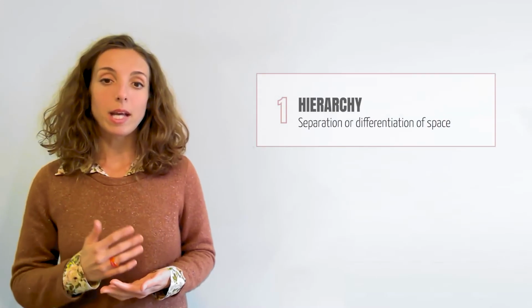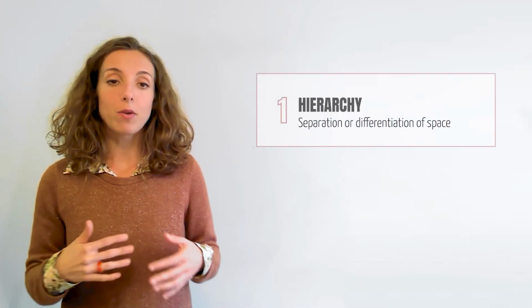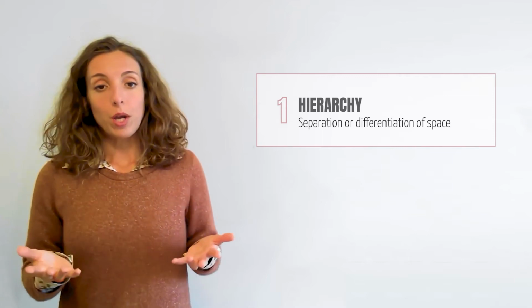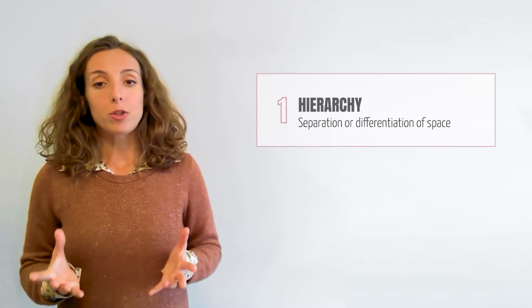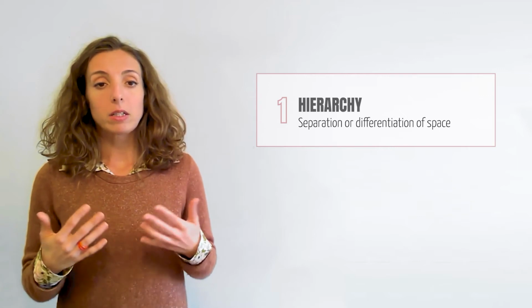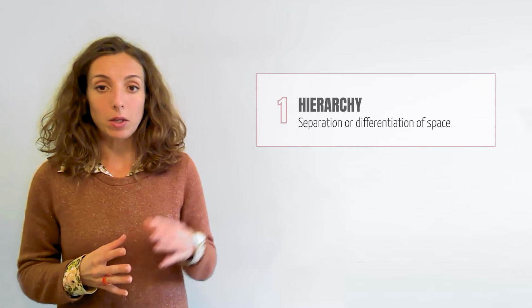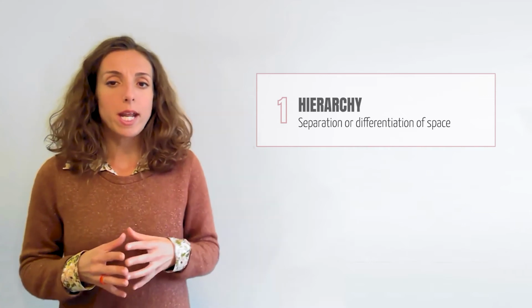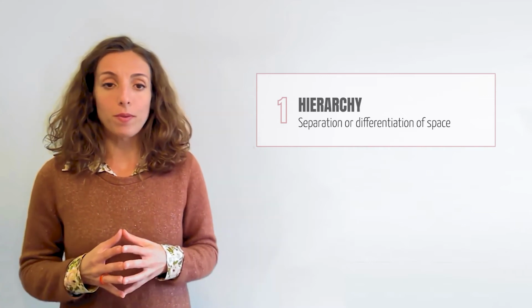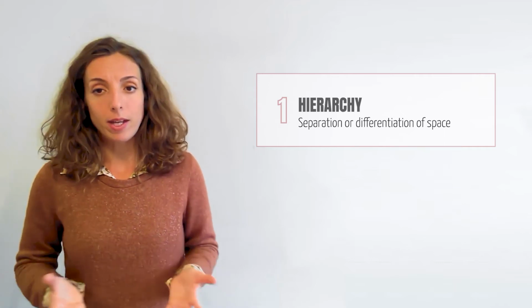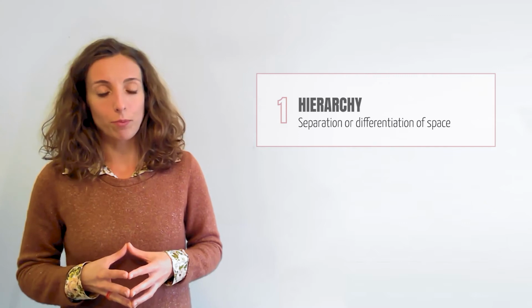The hierarchy dimension reflects the degree of separation or differentiation of spaces. Where corporate culture is more hierarchical, executive offices may be allocated on the top floors or in any case be separate from those of other employees, for instance with separate elevator systems and so on.